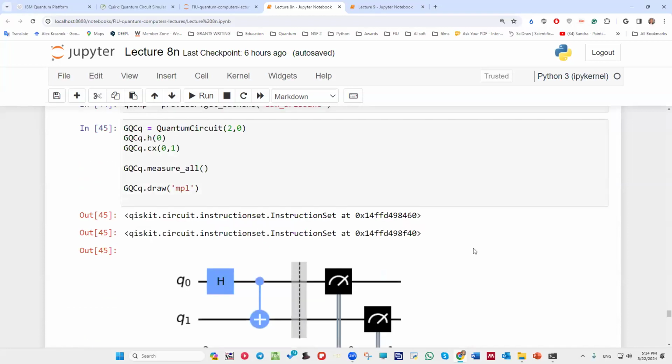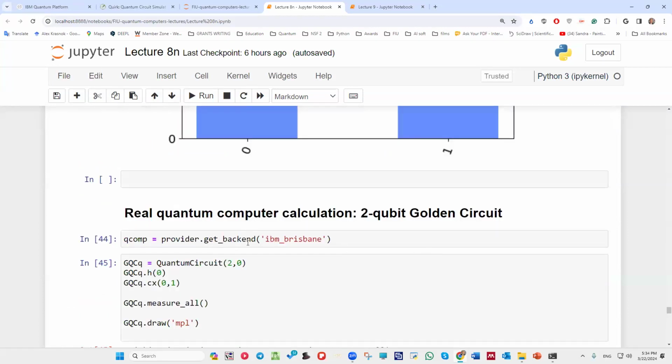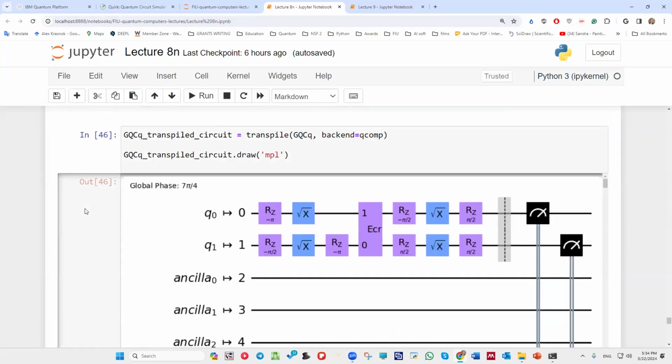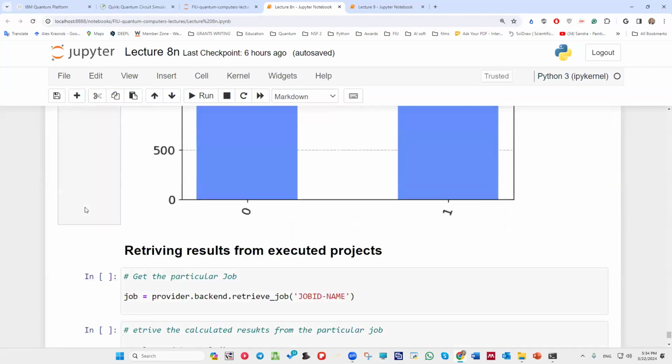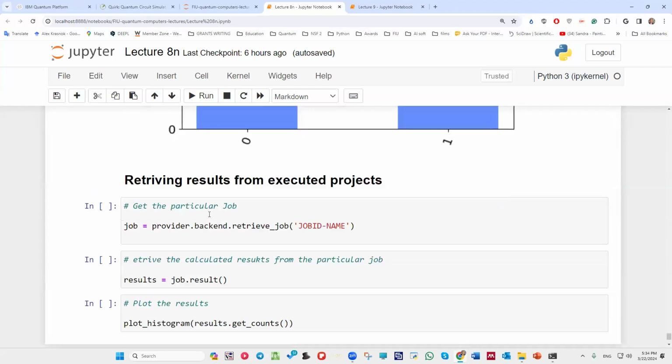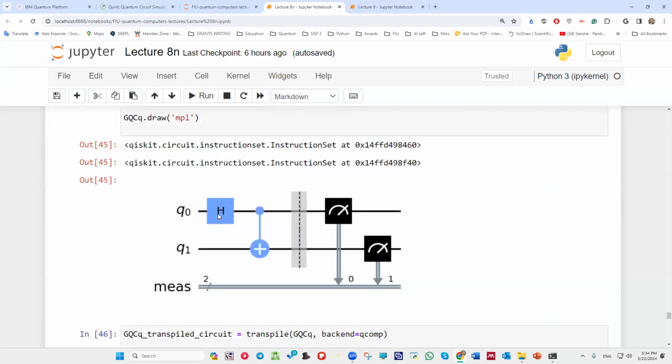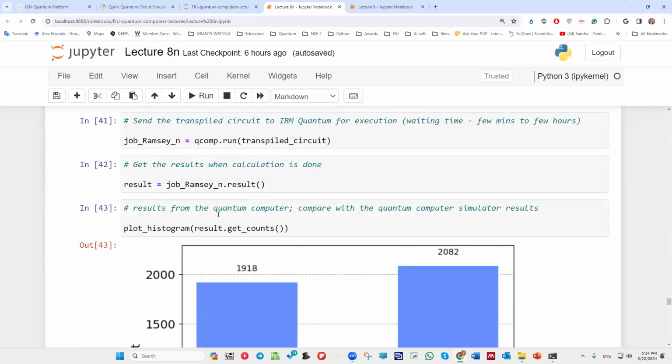And finally, we discussed how we can run the quantum simulations using real quantum machines, using one of the IBM backends, right? Quantum machines.